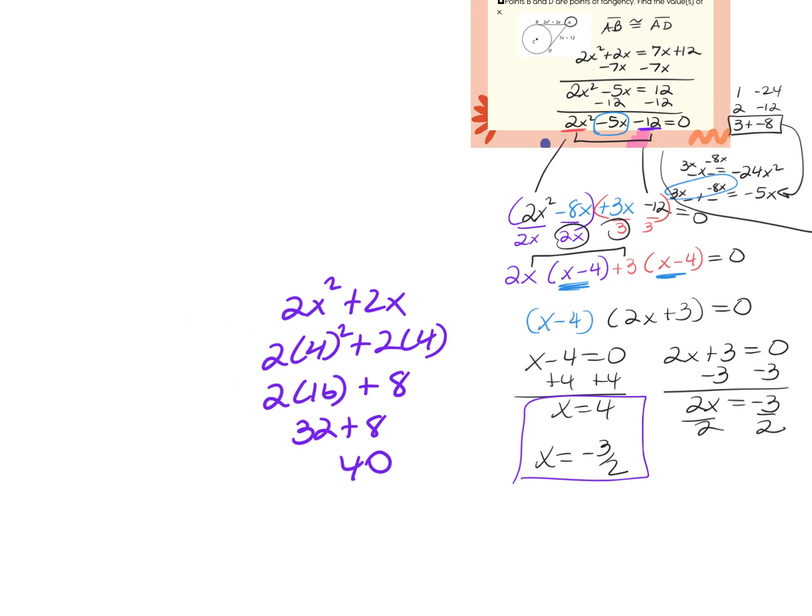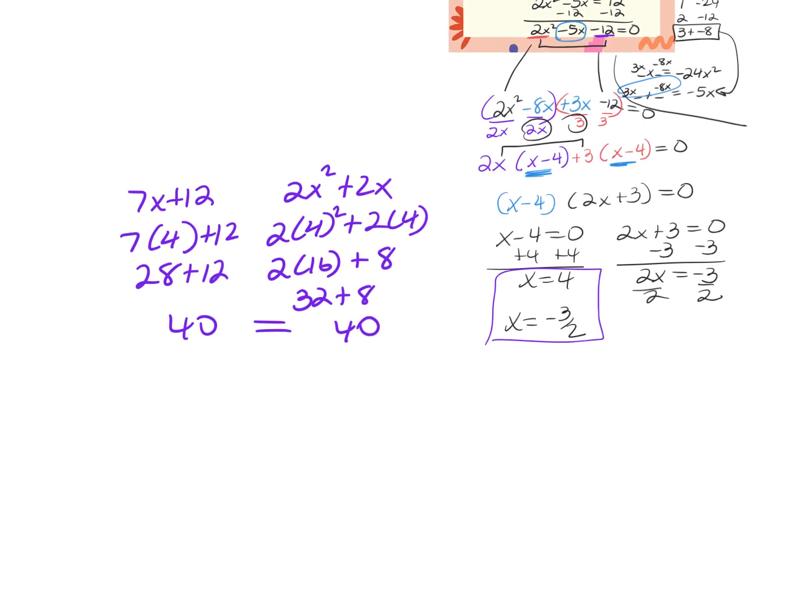And then the other tangent had 7x plus 12. So 7 times 4 plus 12, and then 28 plus 12, and I get 40. So far so good.